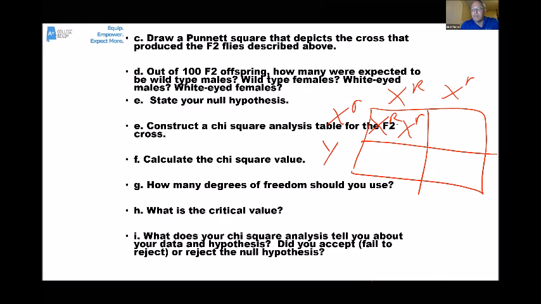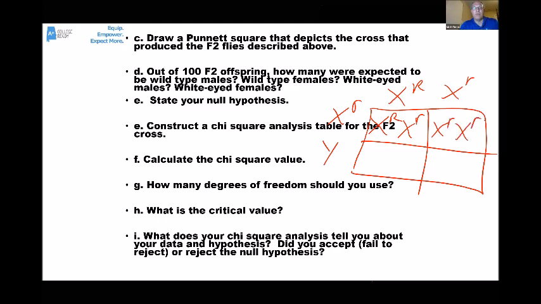What's the phenotype of this box that I filled out? Red. What else can we tell about that individual? Red eyes and female. When we're dealing with sex-linked traits, we need to break it down by trait and sex at the same time.